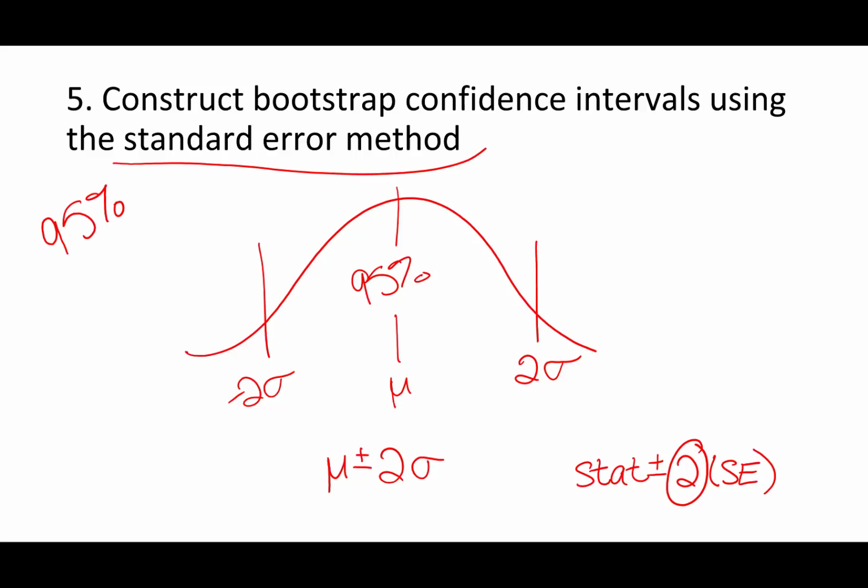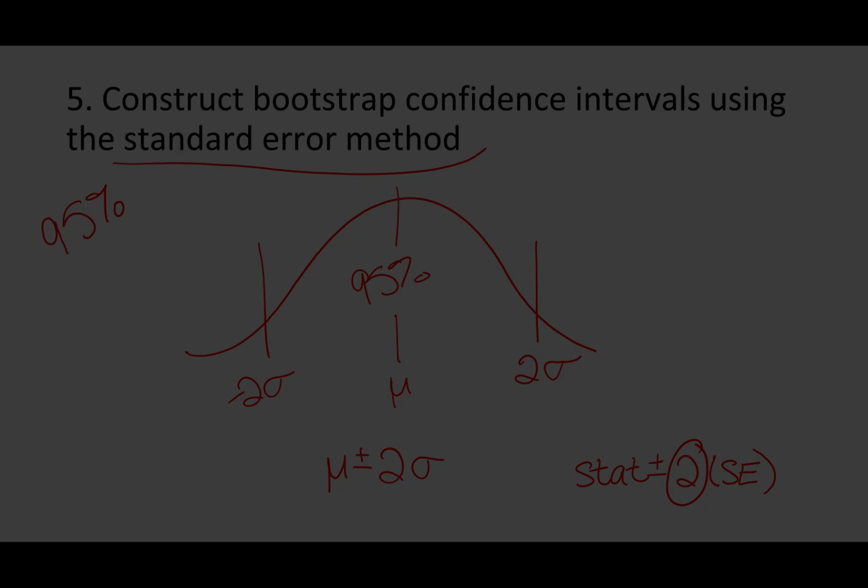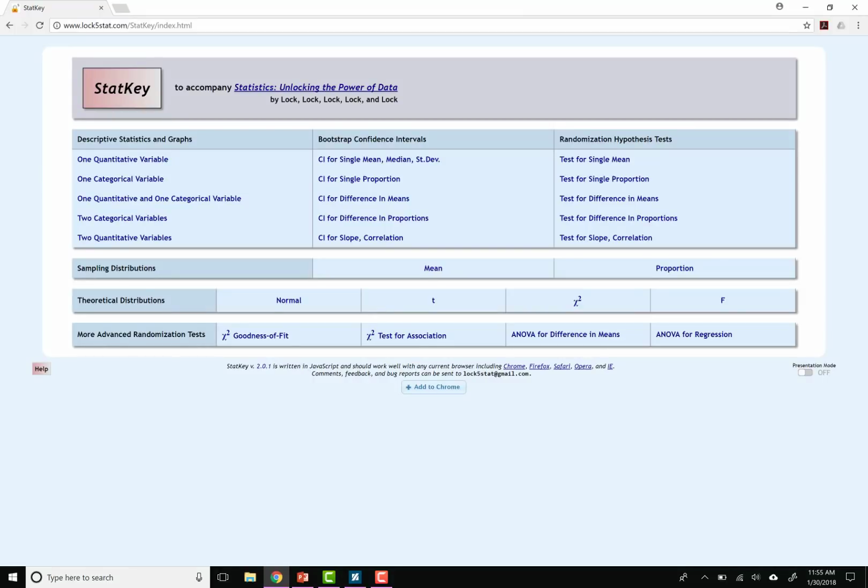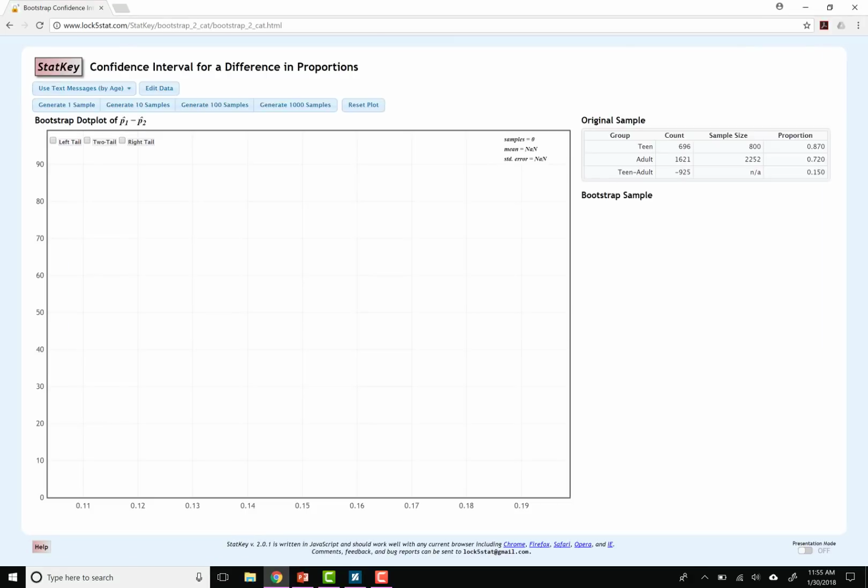Let's look at a couple of examples in StatKey of using the standard error method before moving on. I'll start with an example of estimating the difference in two proportions with a 95% confidence interval. I'll use the default data set, use of text messages by age. There are two age groups, adults and teens, and we're computing the proportion of each group that communicate via text message.